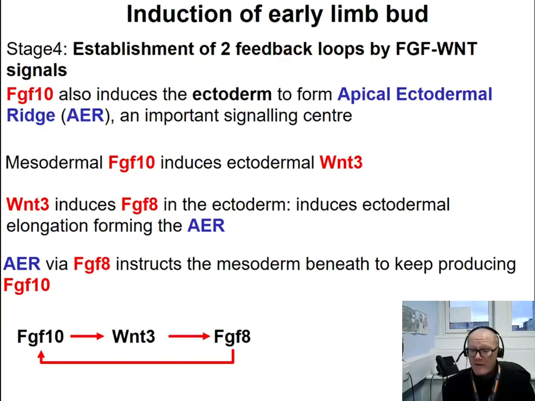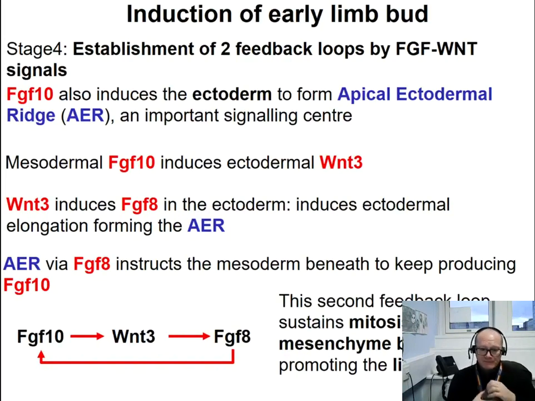So there is another positive feedback loop between FGF10 and FGF8, which connects the mesoderm and the ectoderm. In this way, this second feedback loop sustains cell division, mitosis, in the mesenchymal mesodermal cells below the apical ectodermal ridge, and promotes limb outgrowth.